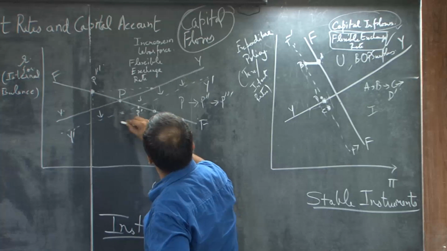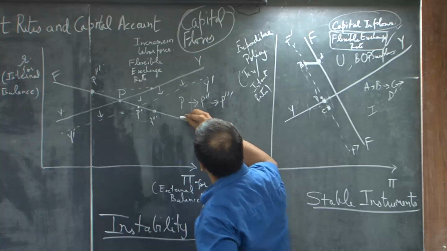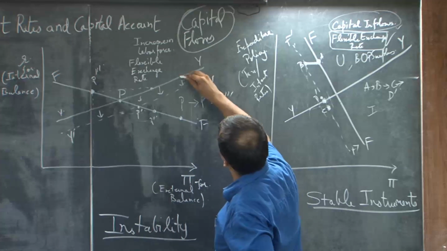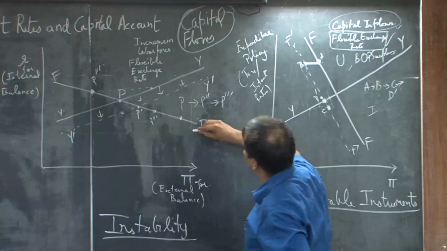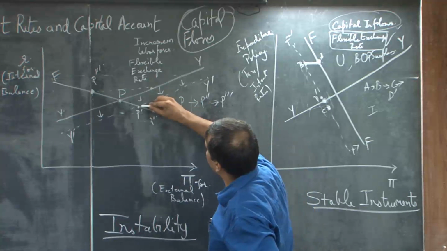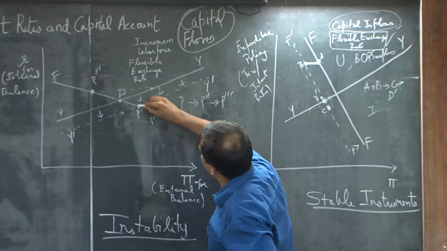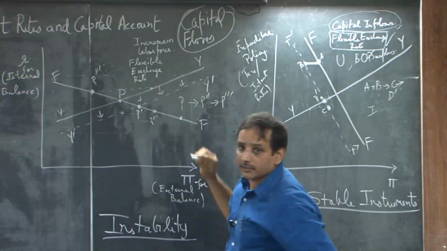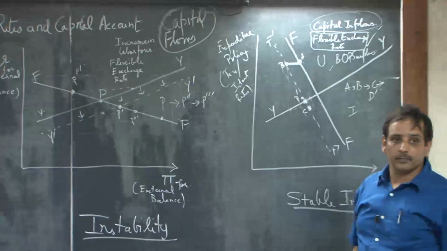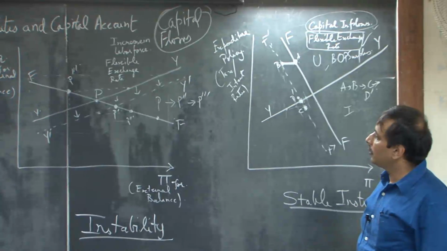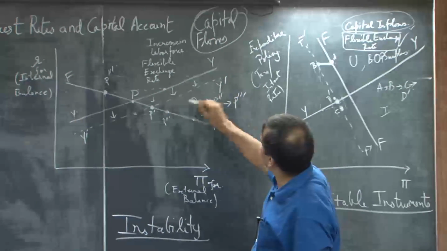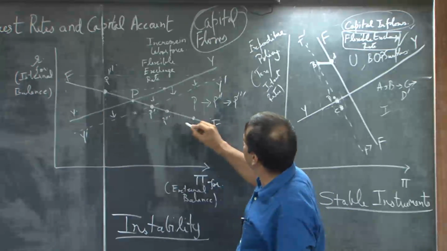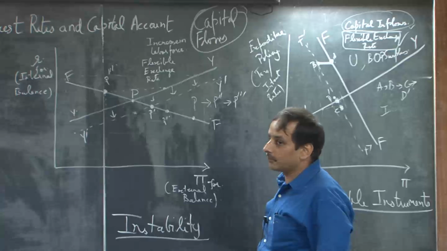then some point here, and so you never reach an equilibrium which is P dash. You never reach the equilibrium which is P dash, which is an intersection of Y dash and the FF curve.